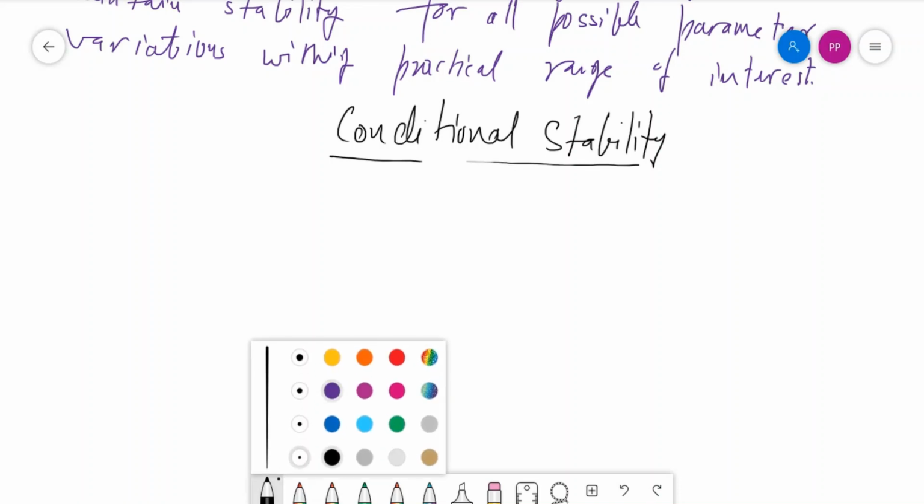Under this heading, let us learn what is conditional stability, because in a practical situation a system can maintain stability for a bounded range of parameter variations as specified. Let us take the example of a helicopter. We may have heard that a helicopter can fly in very normal and suitable weather conditions.